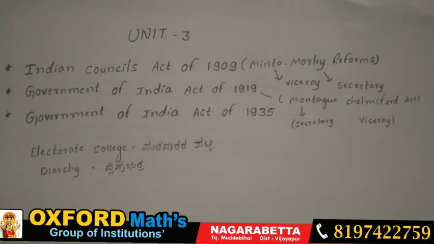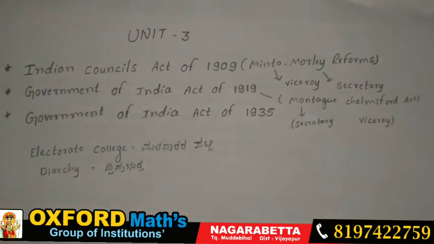Just like at present we have the Lok Sabha and Rajya Sabha, the same system that we see today was introduced in the Indian Constitution in 1919 itself. Diarchy was allowed in the regional governments. Diarchy means the government is held under two powers. Like at present there is a federal system: the central government and the state government.